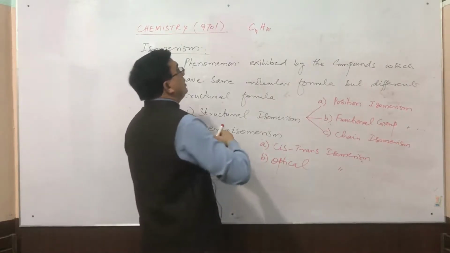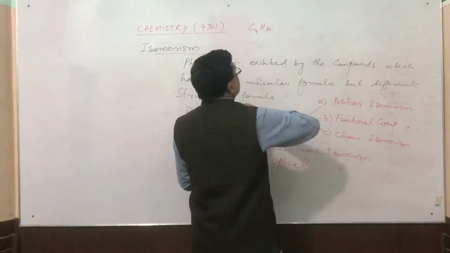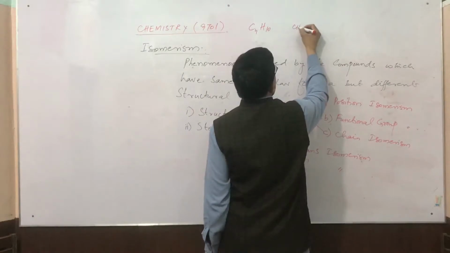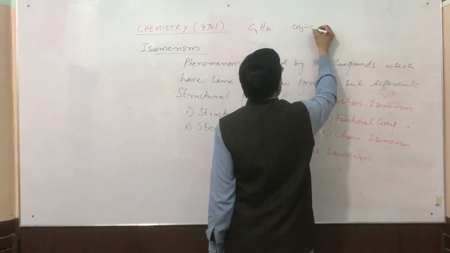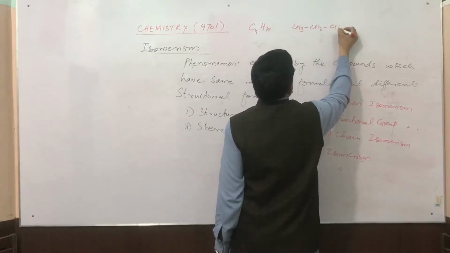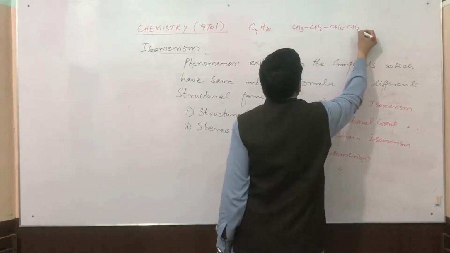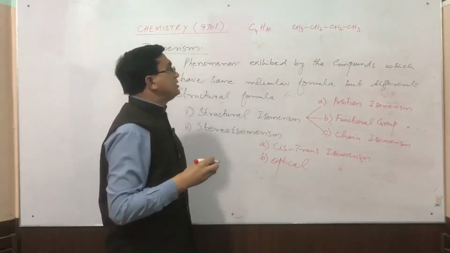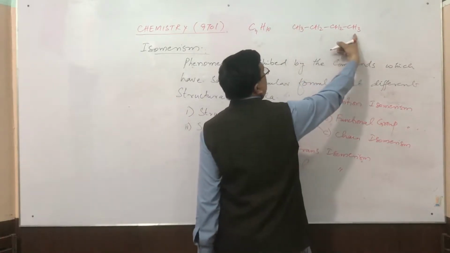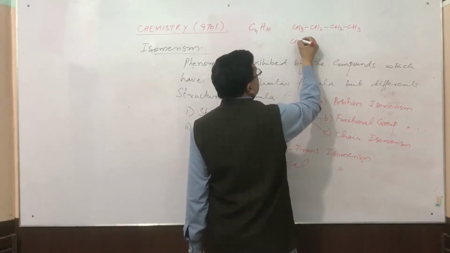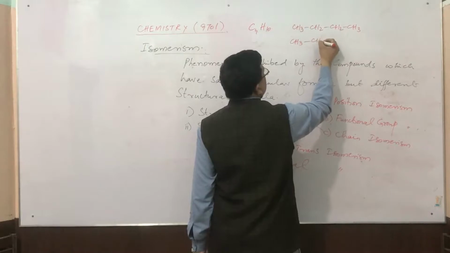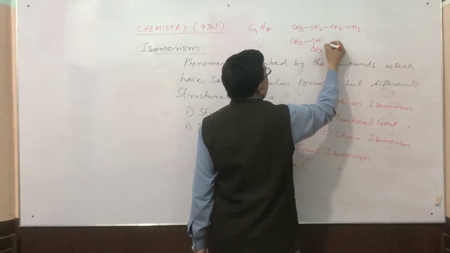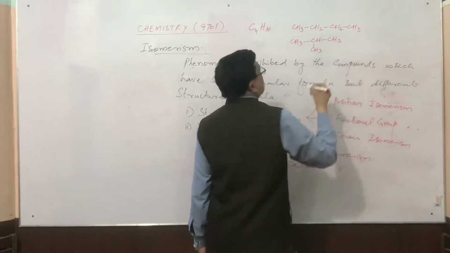If we want to write its structural formula, we represent it as CH3, CH2, CH2, and then CH3. This is the formula of n-butane. It can also be represented as CH3, CH, then CH3, and another CH3.